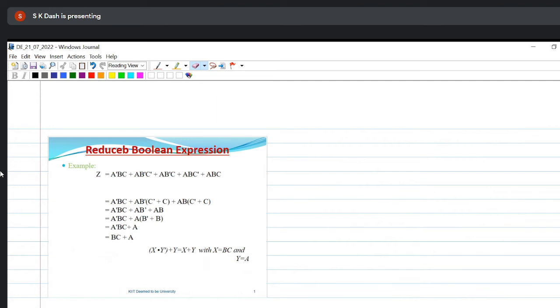Let us go through an example. See this example. X is taken as this function, z is given as this. Now to implement this, how many gates will be required? First let's see how many AND gates will be required here.